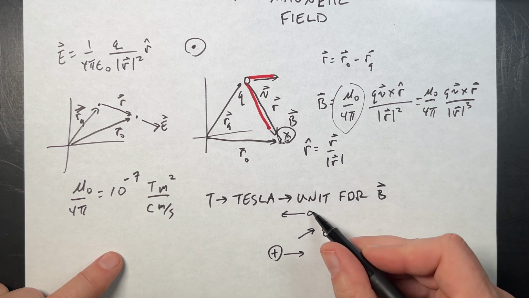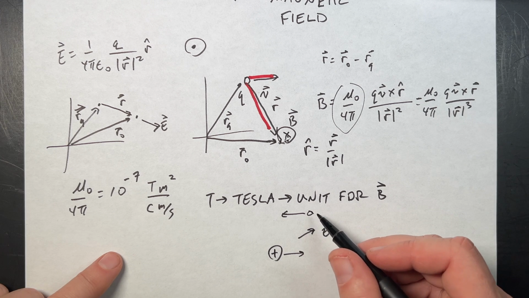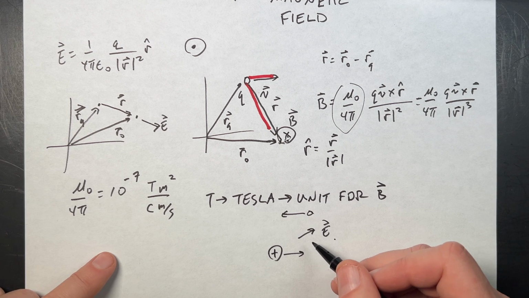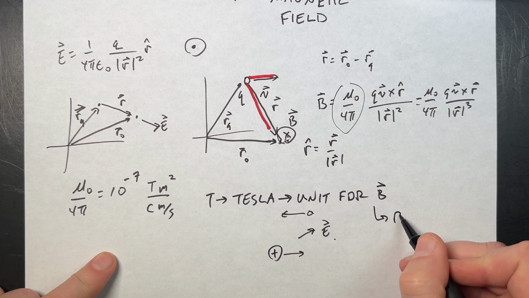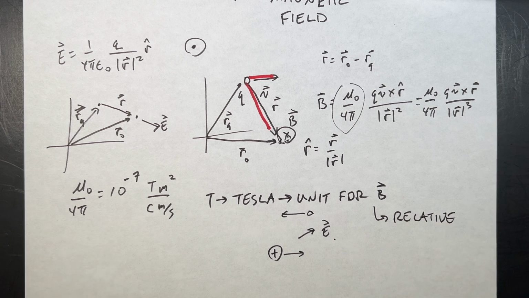So you could have two people, one stationary with respect to the charge and one moving, and they would disagree about the strength of the magnetic field. The magnetic field is relative. So we talk about absolute and relative, and this is one of those first cases where it depends on whether you're moving or not. Now, the electric field we'll probably agree on, but the magnetic field we do not have to agree on.